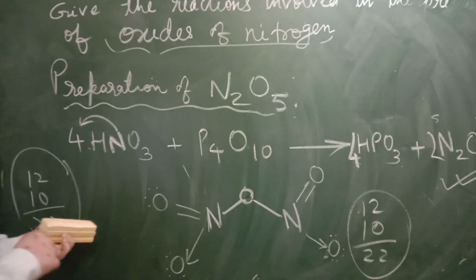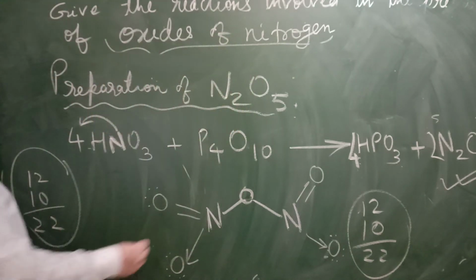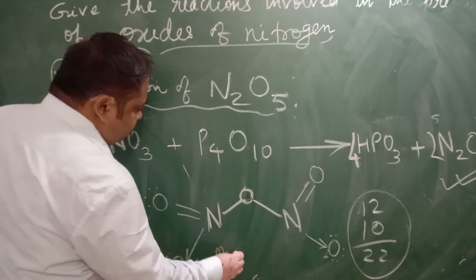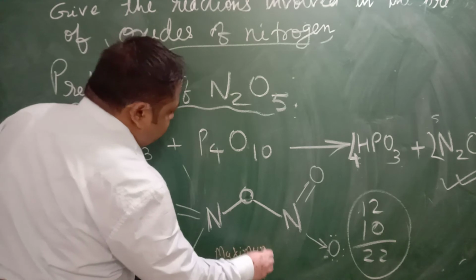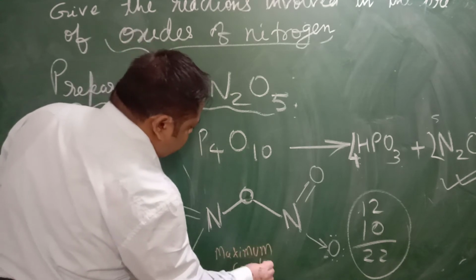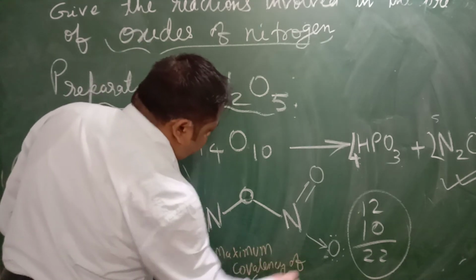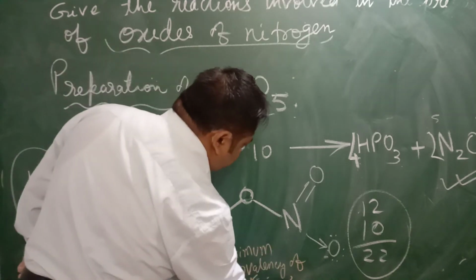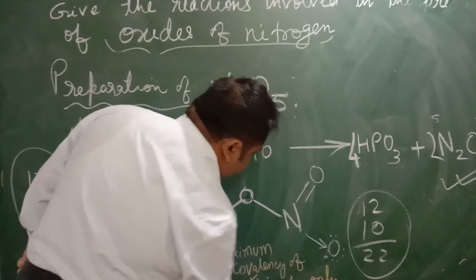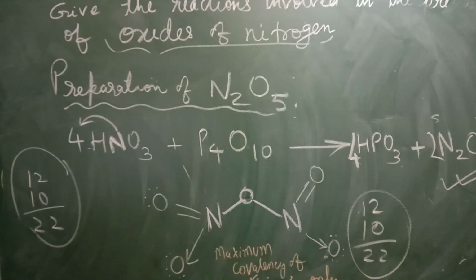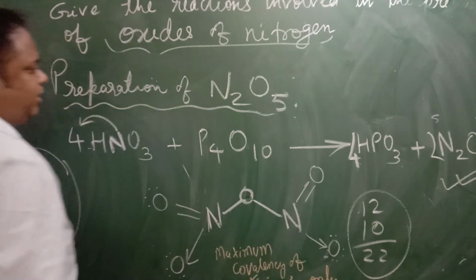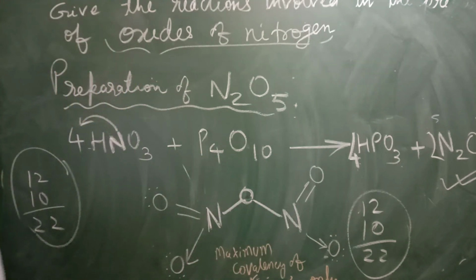So here you see that the nitrogen atom has only 4 bonds: 1, 2, 3, 4. So here also you will see that the maximum covalency of nitrogen is 4 only, because this oxygen atom is bonded with the two nitrogen atoms indirectly. Okay, so we can now summarize it once.